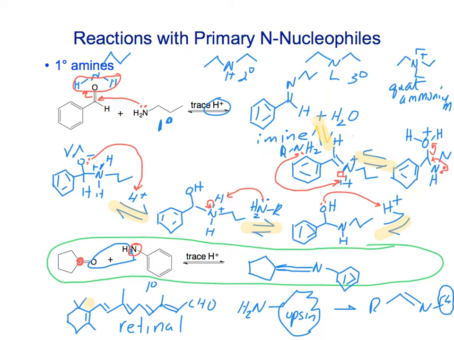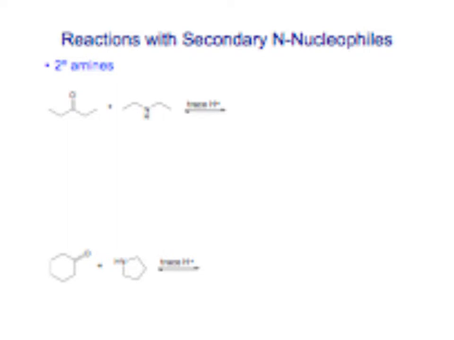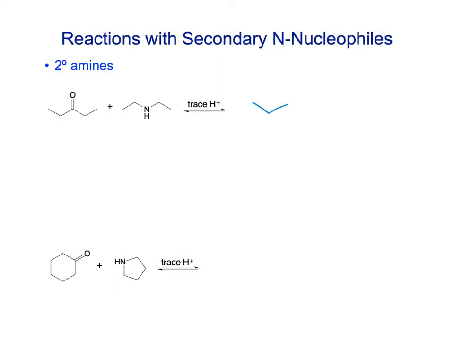All right, so what happens if we have a secondary amine? If we do the same thing we did before, let's just replace the oxygen with the nitrogen.